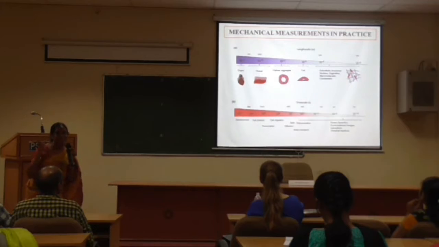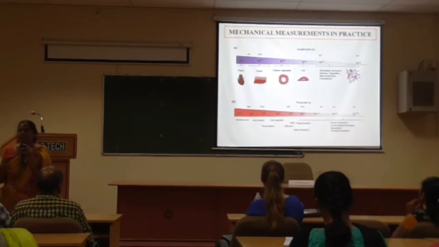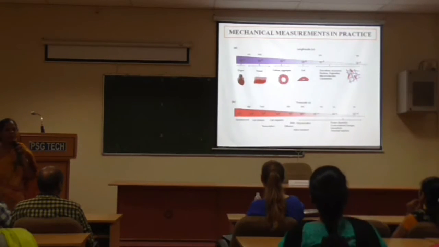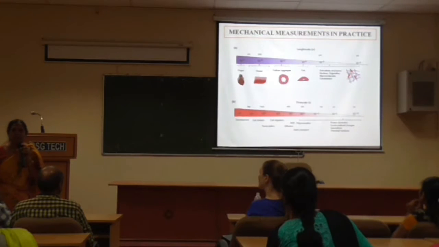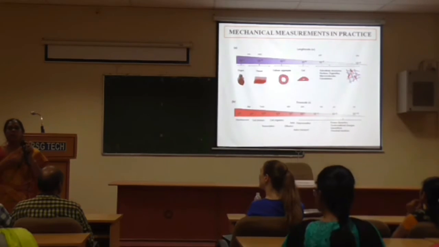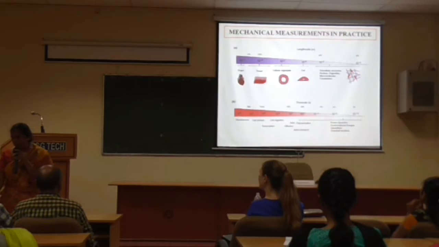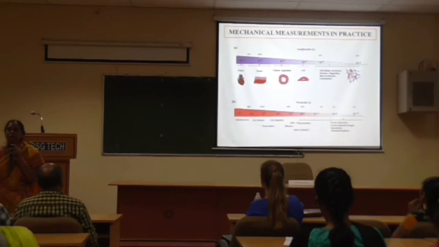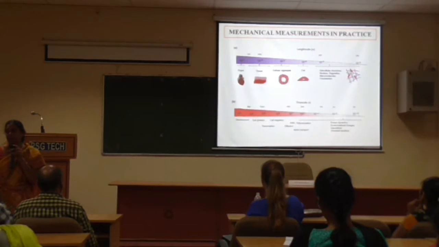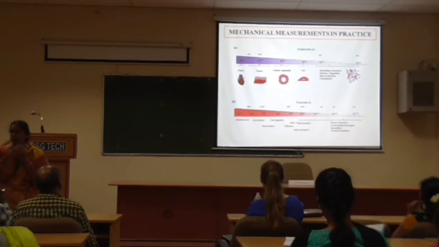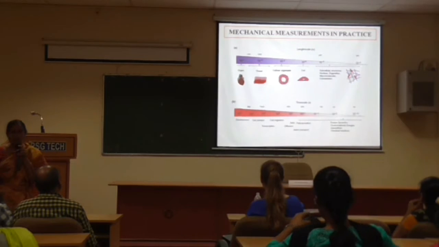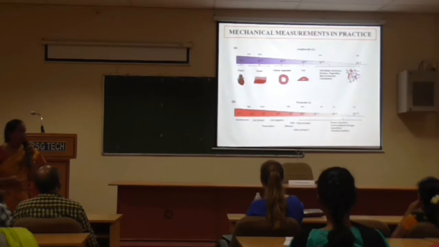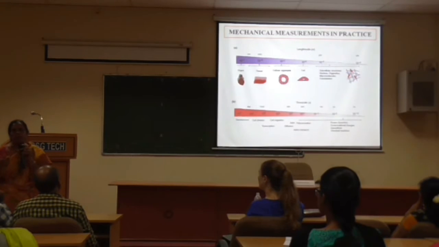And this slide, I think, has been projected n number of times in this forum. Why are these slides important? Because when you want to quantify the mechanical properties of the cells, the choice of the tools or techniques you select depends upon three important parameters. One is the length scale, another is the time scale, and the third one, which I am going to project, is the elastic modulus scale.